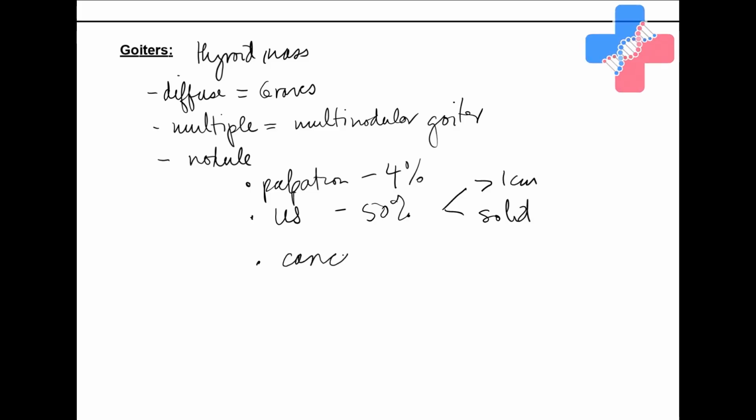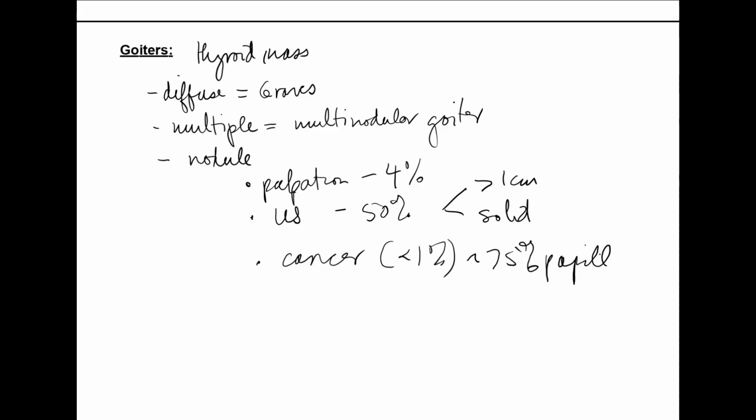Cancers are actually quite uncommon and constitute less than 1% of thyroid masses, depending on age and gender. Over 75% of them are going to be papillary cancers, and these have a very indolent behavior, so even the fact of finding a neoplasm in the thyroid nodules doesn't have clinical importance to your patient.